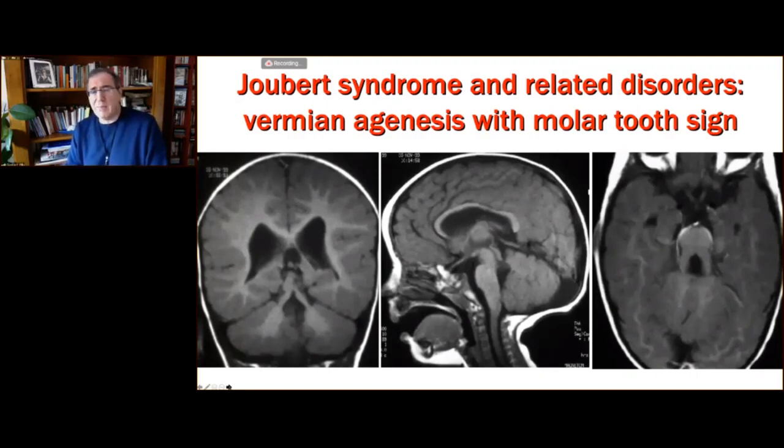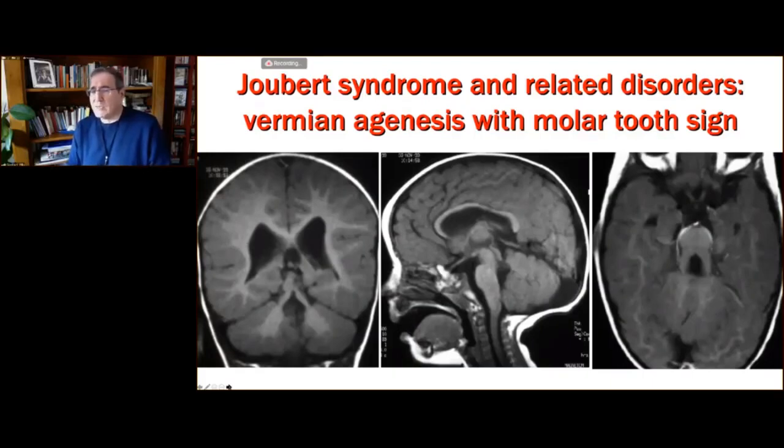Now, this is an important point to remember, because in this case there is no vermis, but it's difficult to figure it out in the median plane because you can see tissue because of the two cerebellar hemispheres that come into contact. Only the mass of tissue that you see is much more irregular. It does not have the anatomic landmarks that we have described before for the cerebellar vermis.